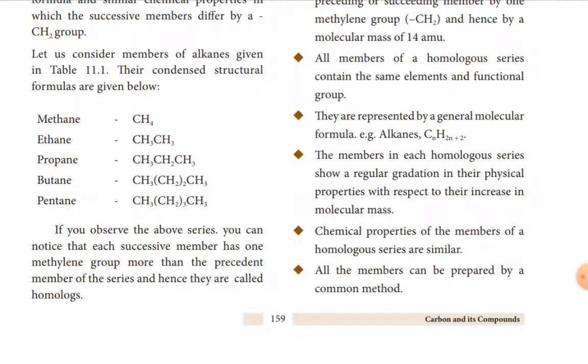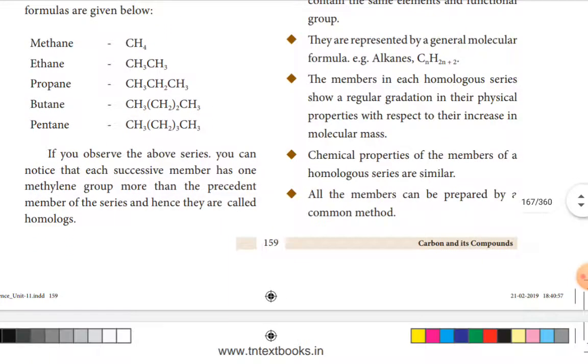The members in each homologous series show a regular gradation in their physical properties with respect to their increase in molecular mass. So the physical properties are completely based on the difference in their molecular mass.